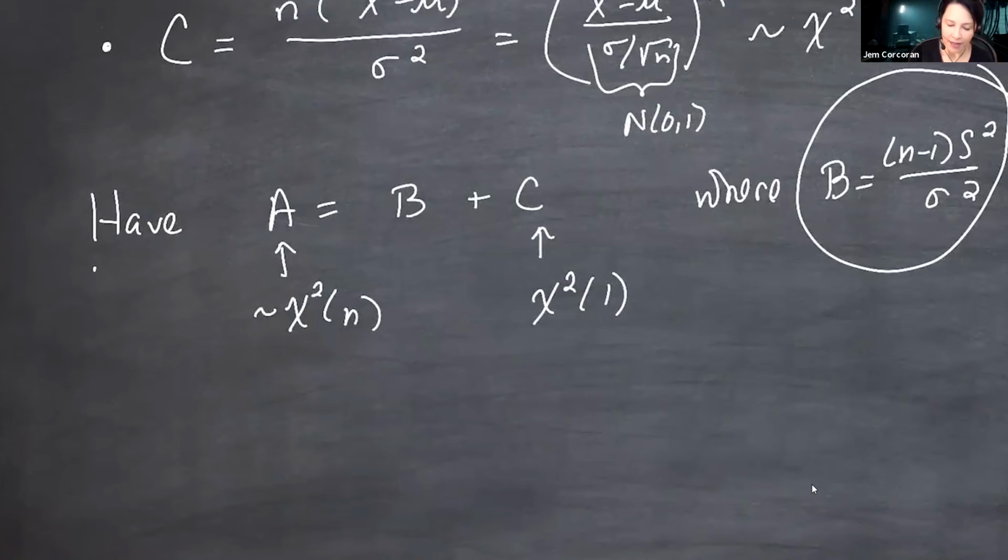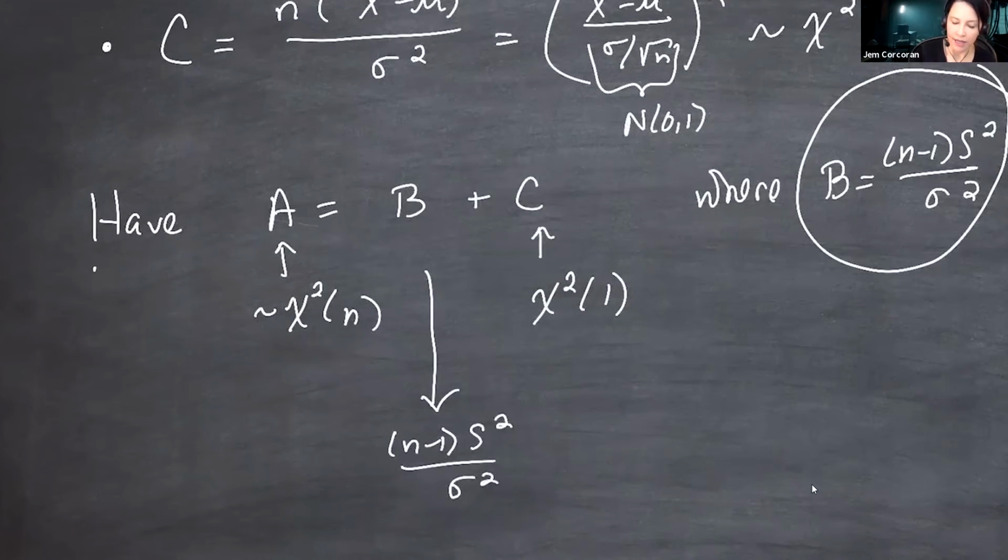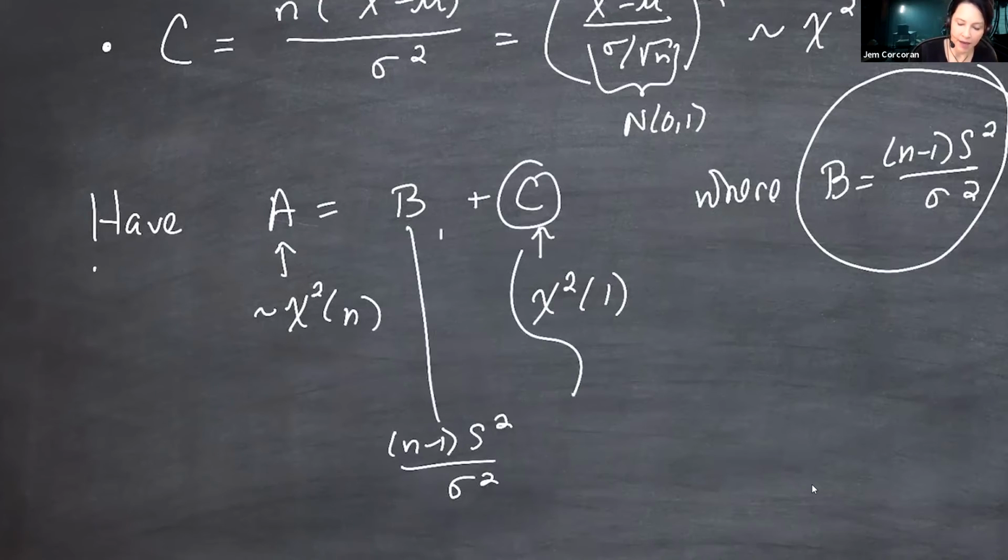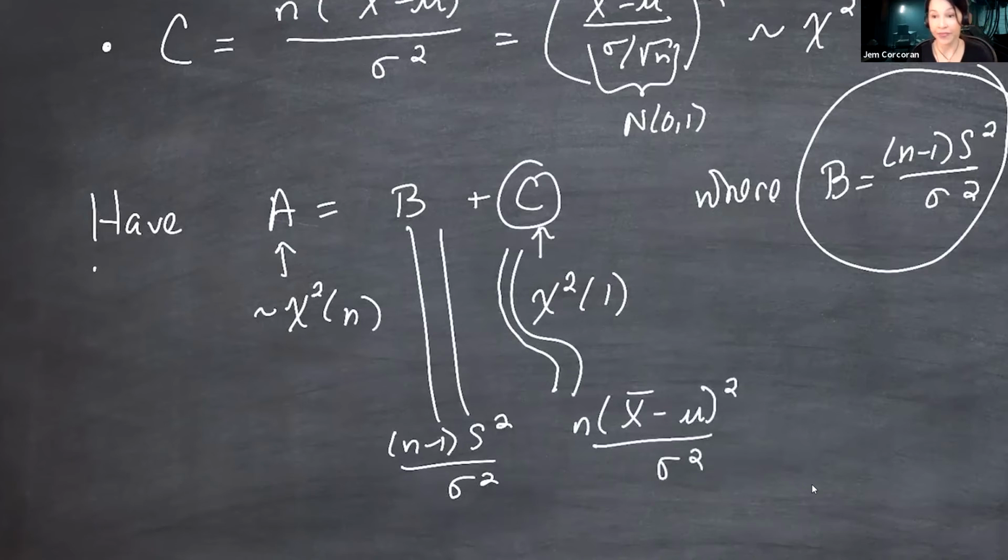So this B is again n minus 1 s squared over sigma squared. And C, that is not an arrow, that is not convergence, that is the same thing, is n times (x bar minus mu) squared over sigma squared.